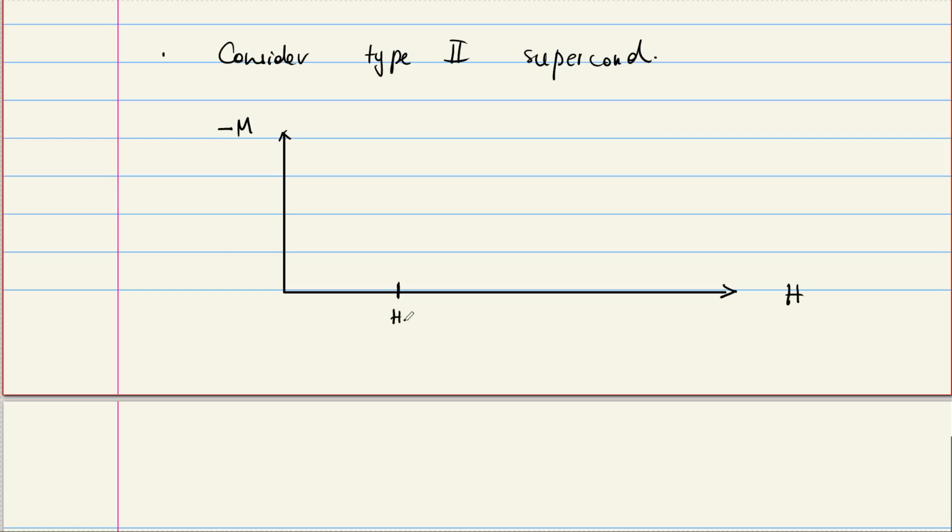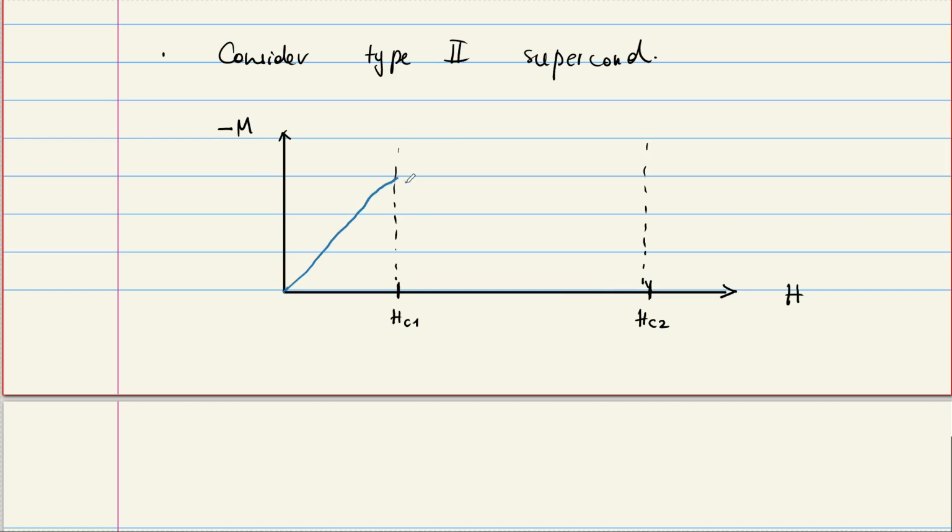We called one HC1, and HC2 is generally much larger. It can be almost comparable to a Tesla. Until you reach HC1 you have a perfect Meissner effect. You completely expel the magnetic field, something like that.